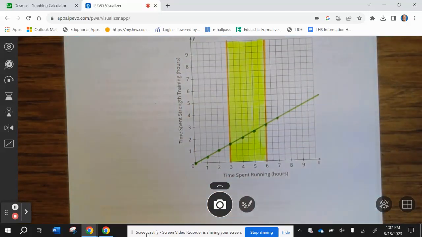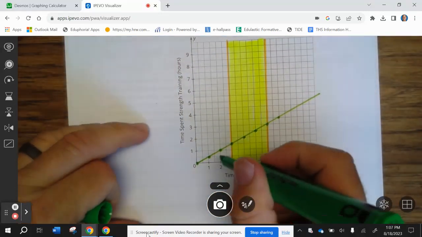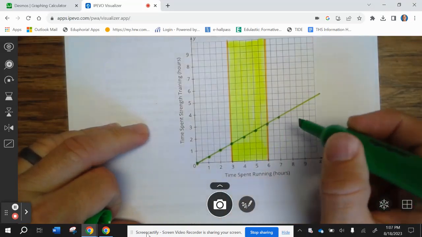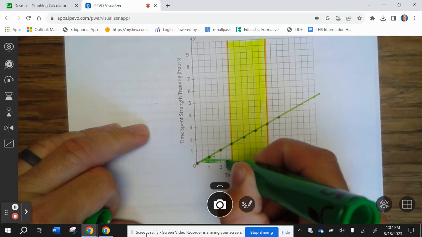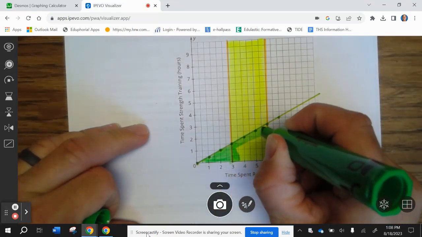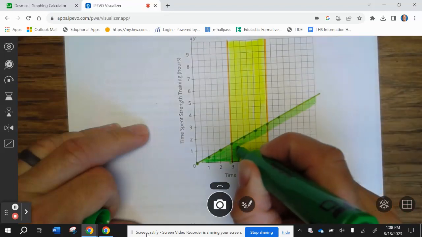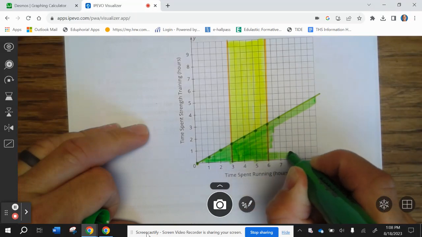All right. Now, it's less than, so we shade below. Now, you'll see the overlapping region, and that's the important part. That's where our solution is going to lie, in the overlapping region.